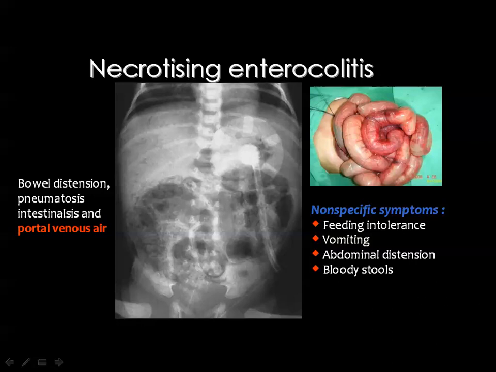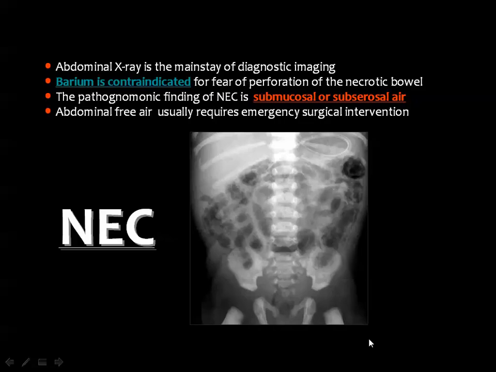Then the symptoms of necrotizing enterocolitis are non-specific. They include feeding intolerance, vomiting, abdominal distension, and bloody stools. The diagnosis is easy from the plain film, where you see air in the wall of the small bowel, and we see air in the portal tracts.